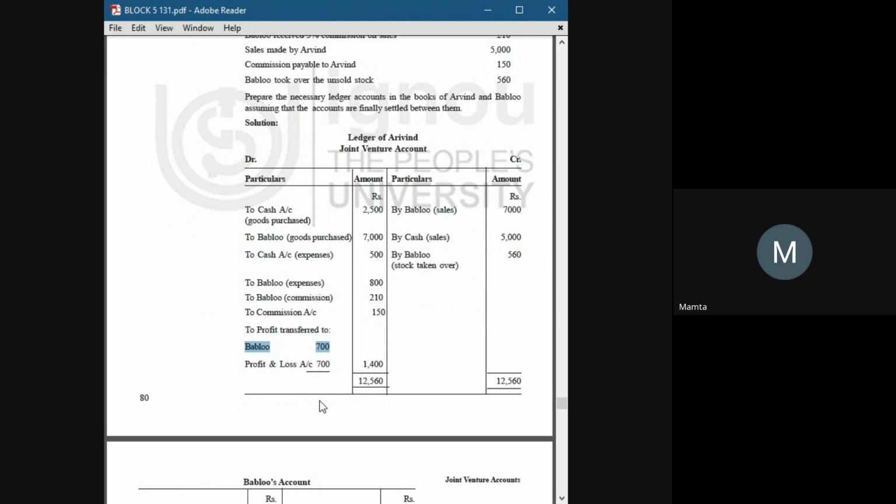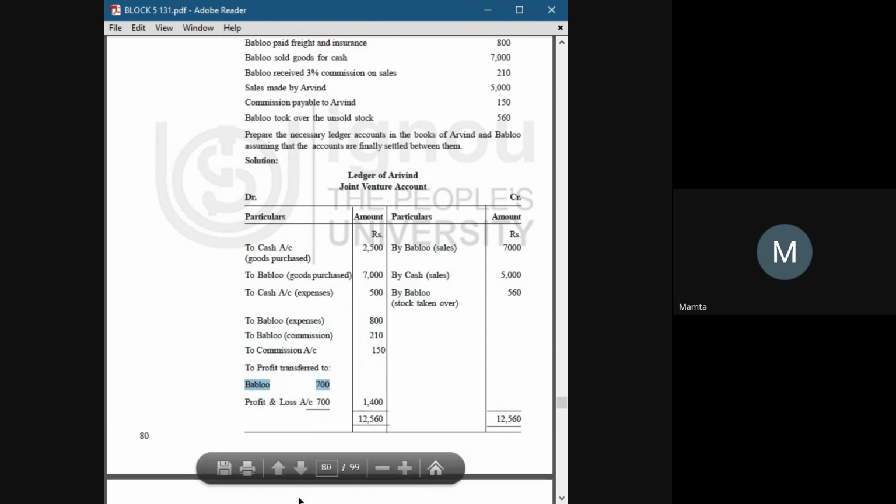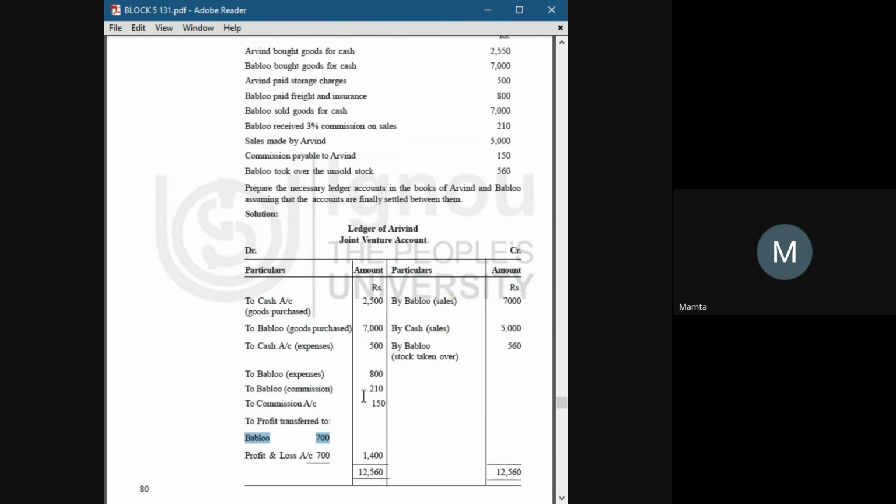And why is it 700 and 700? Because there is no profit sharing ratio mentioned. If any profit sharing ratio was mentioned here, then we would need to distribute it according to that ratio. But here it was not mentioned, so we are distributing it equally. If the profit sharing ratio is not mentioned in any question or case, it means you need to distribute it equally.